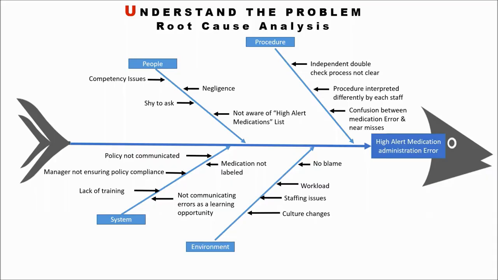The procedure. We had a big failure in the independent check process. Excellent. I could see it later on in the graph. This is the value of the fishbone diagram, to know the vital area for the cause. Thank you. Next.